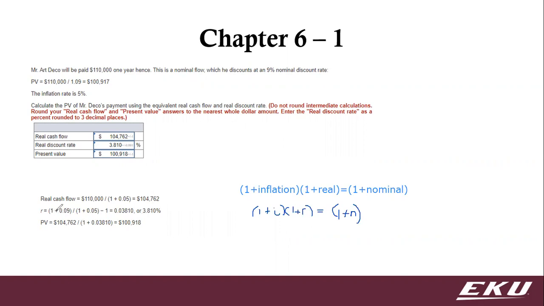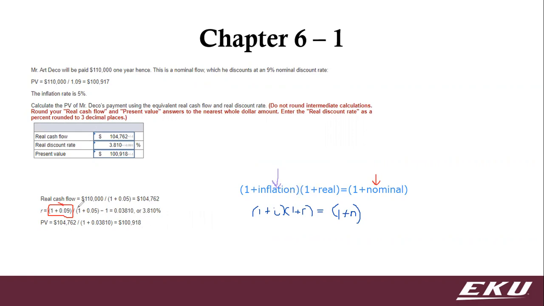And so if you see over here, let's change colors. So this 1 plus the nominal rate here is equal to this one. And then 1 plus the inflation, right?